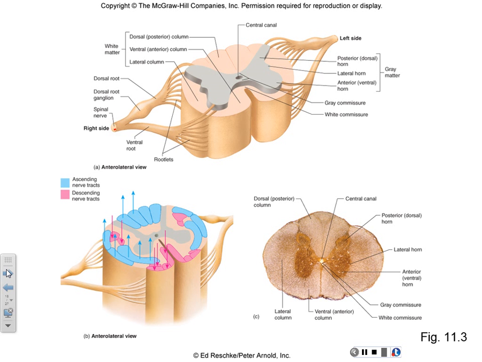Okay? And remember, we said the gray matter is flanked by the columns of white matter. We said the big columns are called funiculi, or funiculus for one, and then the fasciculi are the smaller bundles. Okay?